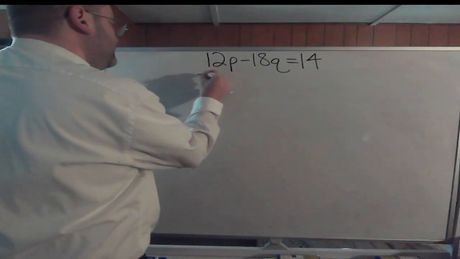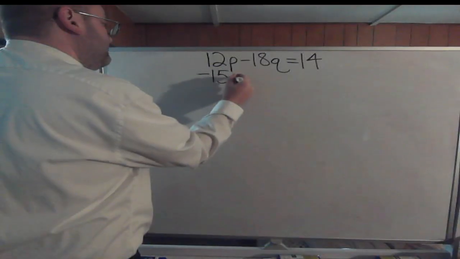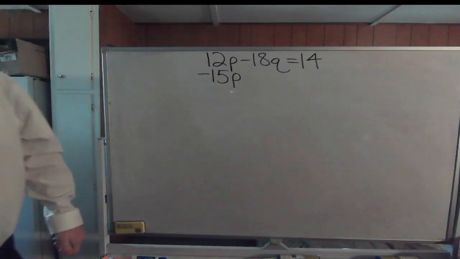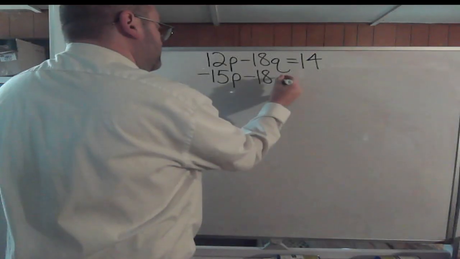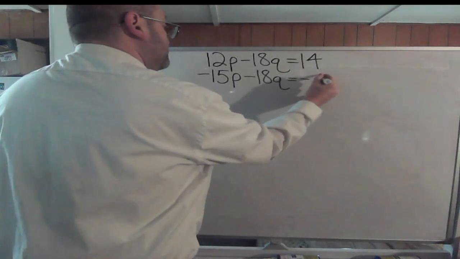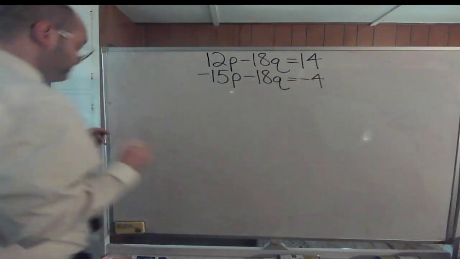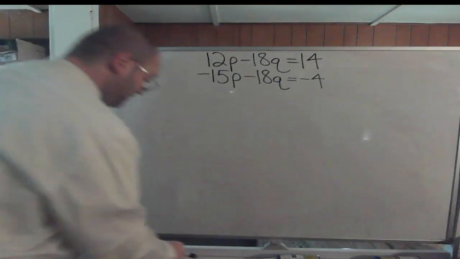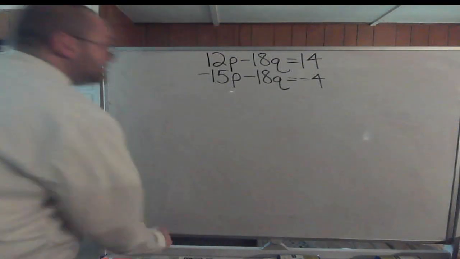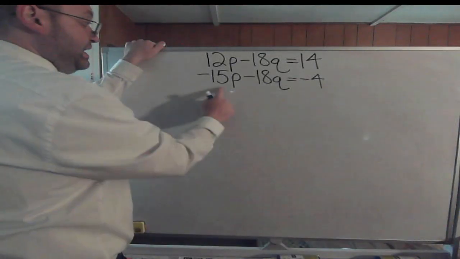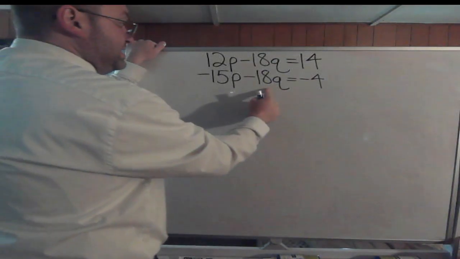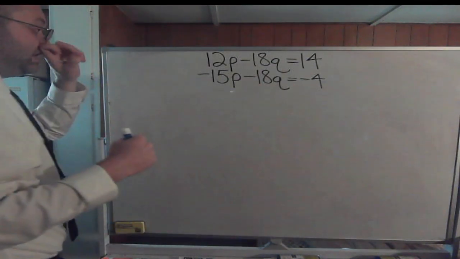Then we have negative 15p minus 18q equals negative 4. Well, so 12p minus 18q equals 14. Negative 15p minus 18q equals negative 4.